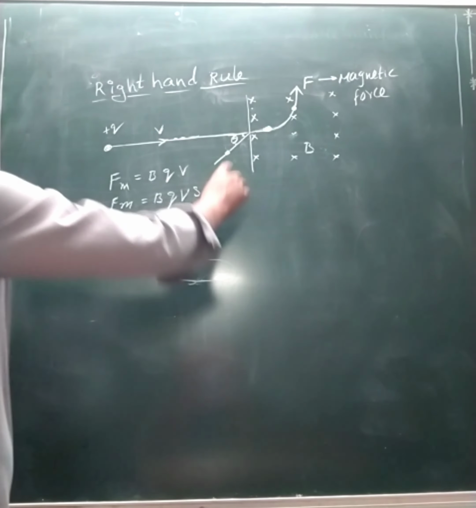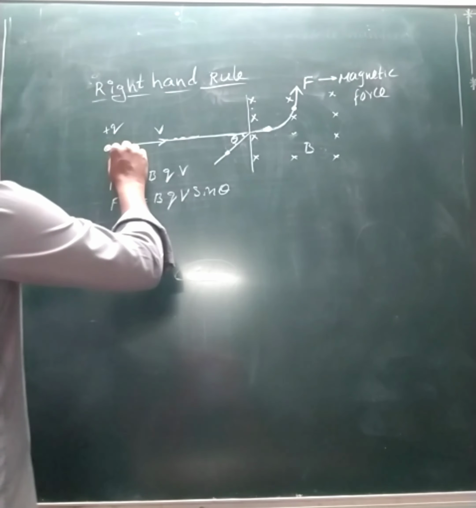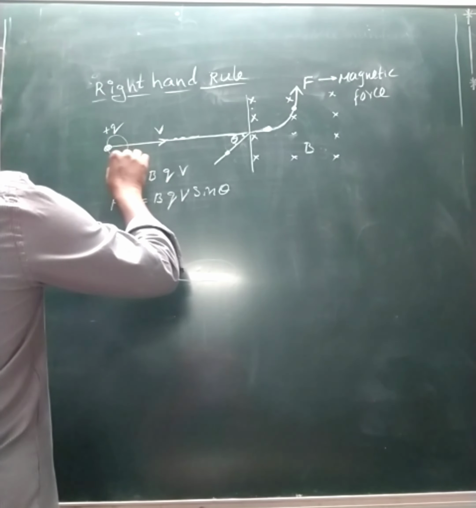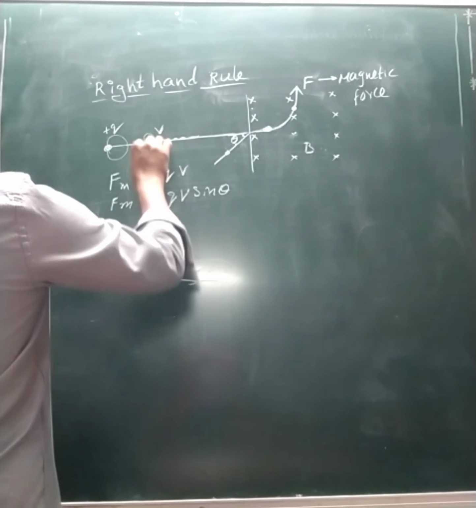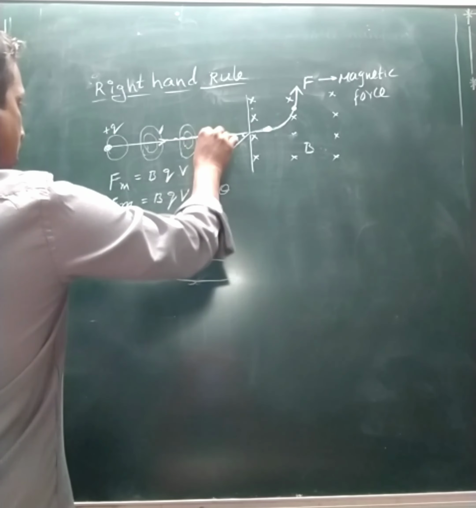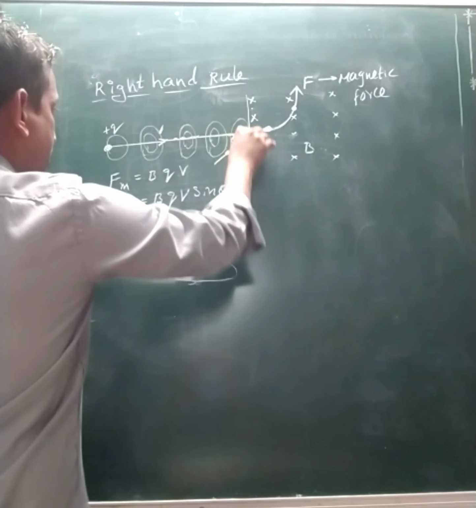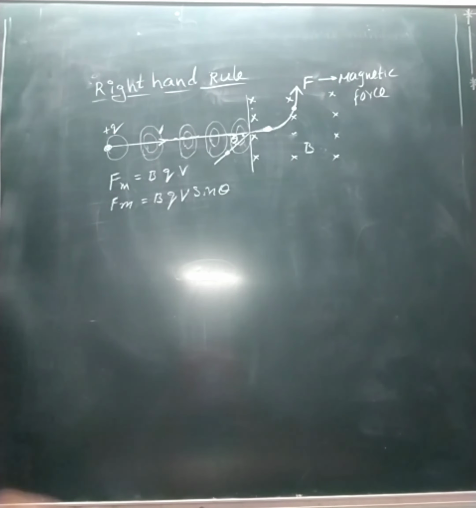What is the reason for deflecting the charge? When a charge is in motion, magnetic field lines are developed around it. Maybe a current or charge is going there, and it develops a magnetic field. When charge is at rest, no magnetic field lines.